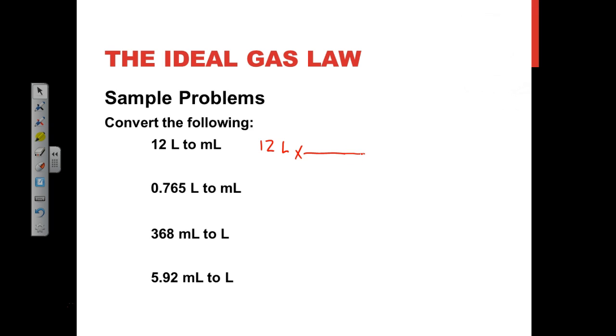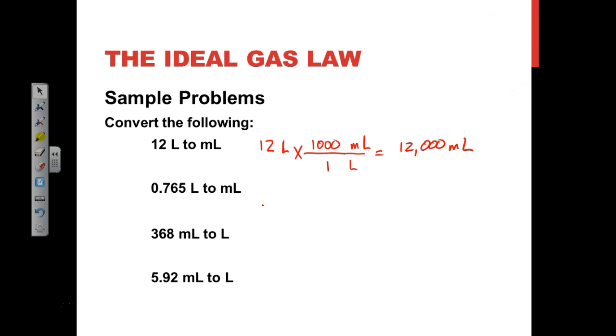Liter is the unit we have and want to get rid of, so that goes on the bottom. Milliliters on top, and 1 liter is equal to 1,000 milliliters. Now, I don't need my calculator. 12 times 1,000 is 12,000 milliliters.